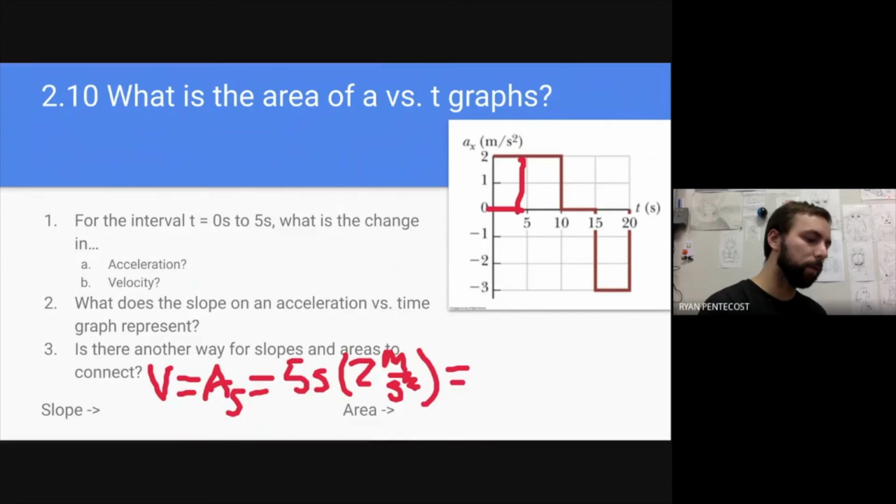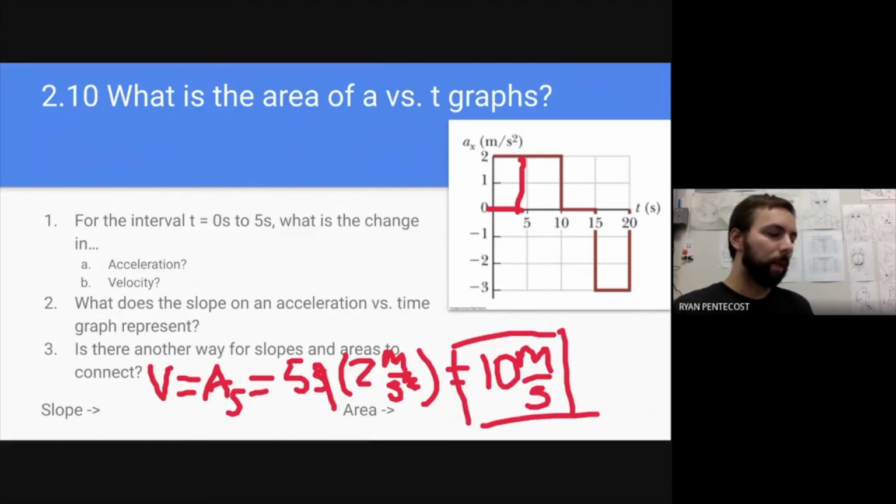One of those seconds will cancel with that s, and you get 10 meters per second. So over that time period, there is a change of 10 meters per second, because it was accelerating 2 meters per second squared for 5 seconds. 2 times 5 being 10.